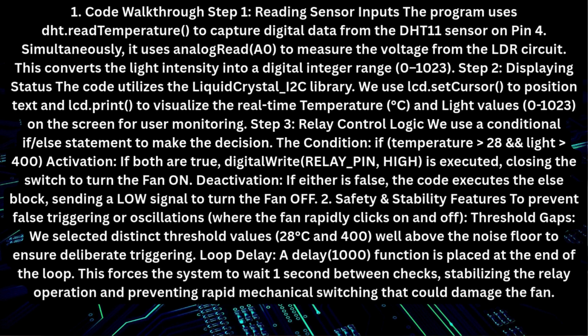A delay(1000), or 1 second, is placed at the end of the loop. This forces the system to wait 1 second between checks, stabilizing the relay operation and preventing rapid mechanical switching that could damage the fan.